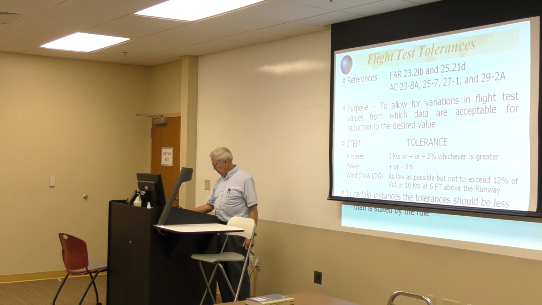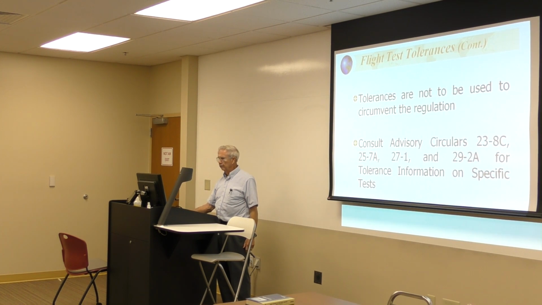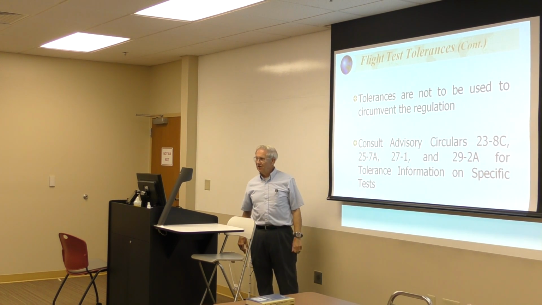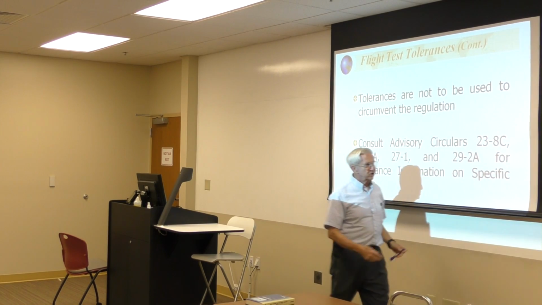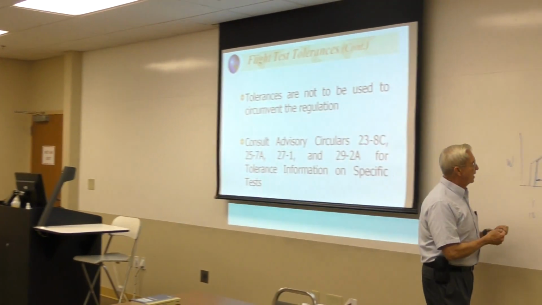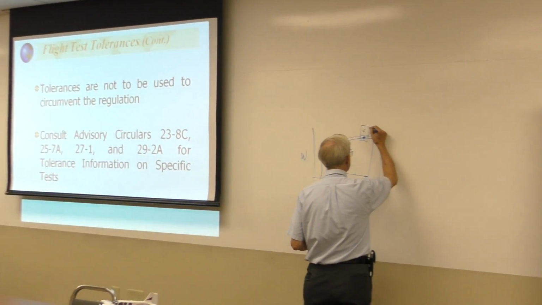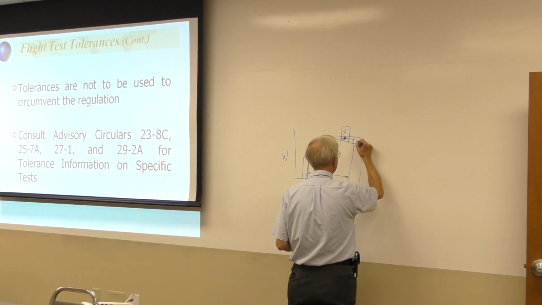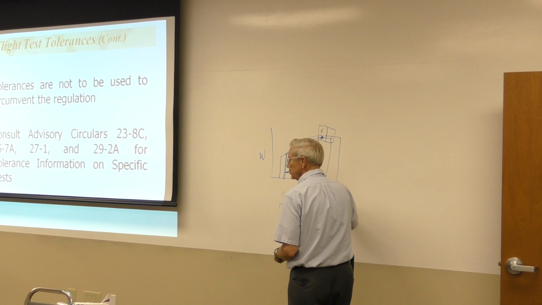These are just some tolerances that the FAA allows. This one shouldn't be used to circumvent the regulation. You can see that on a Cherokee 6 with plus or minus 7%, here's the forward CG, and these things could almost overlap.